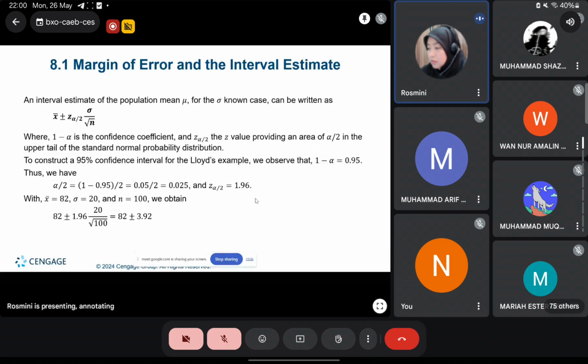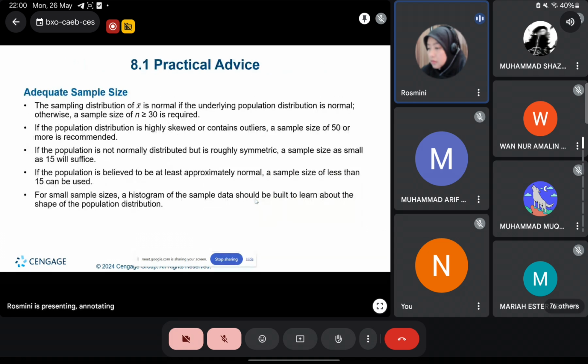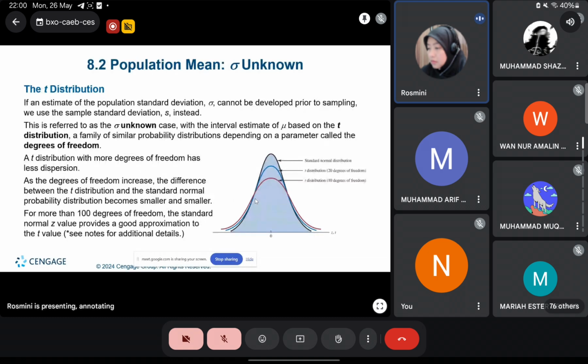So Z alpha divided by 2 equals to 1.96. You can just check with your Z score table. I think you guys already have no problem reading it. So let's go to the one that I need to show you, the T table.